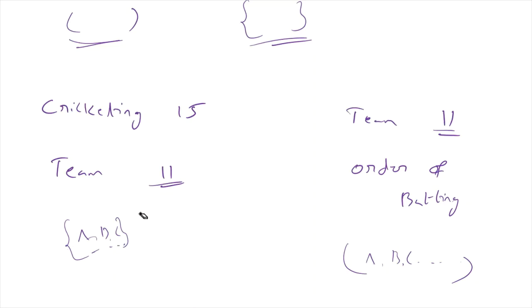So here there is no notion of first element, second element, but in the batting order there is. In batting order there are batting positions, but in the cricketing team there is no position. All that matters is whether you are there in the cricketing team or not.